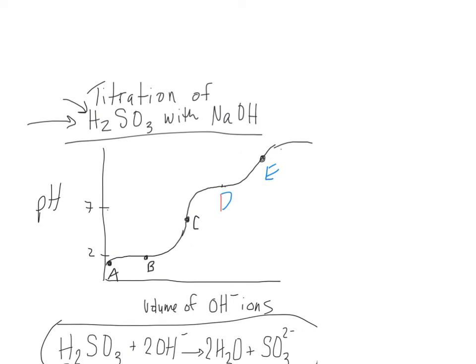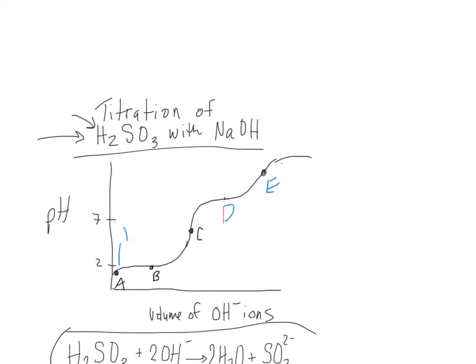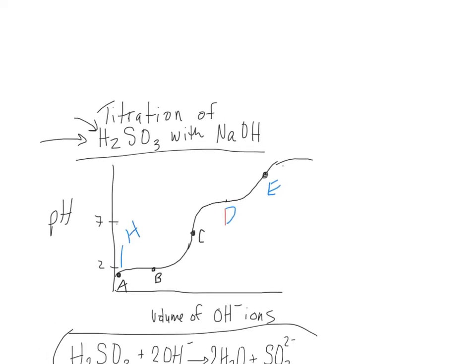At point A, I pretty much have all H2SO3. Because this is a weak acid, it's a scenario where most of those protons are still on that because we haven't added any base yet. This is just H2SO3 sitting in water.